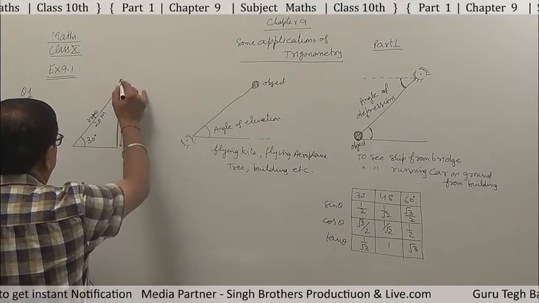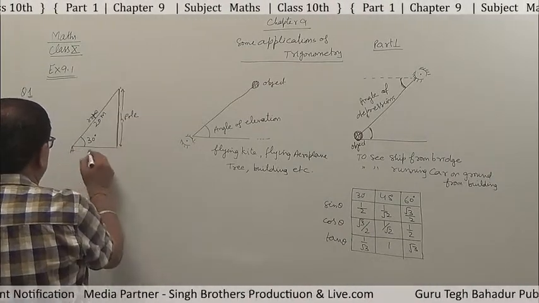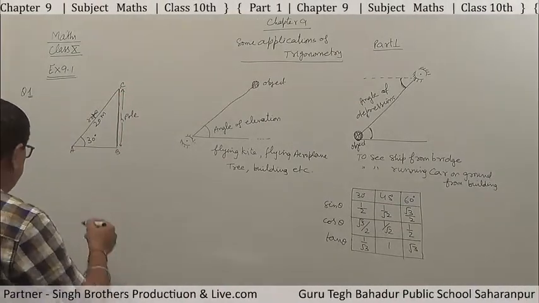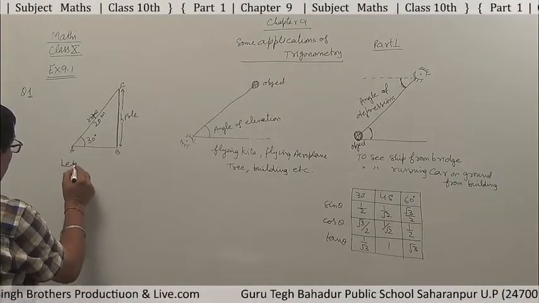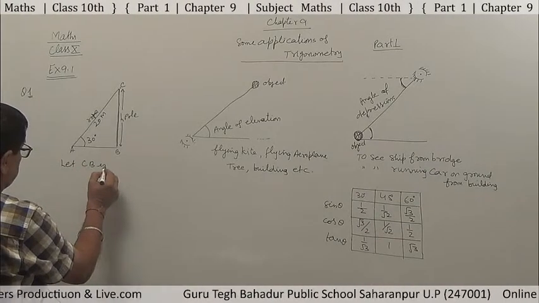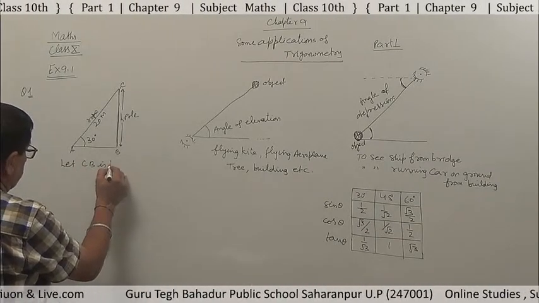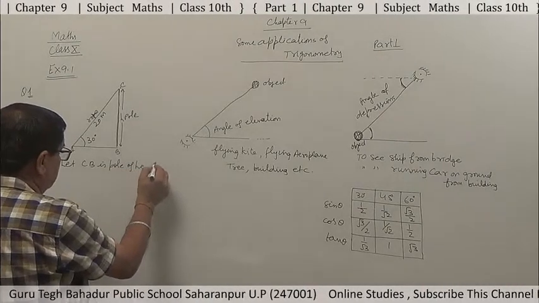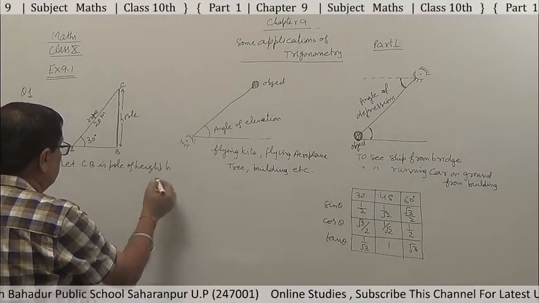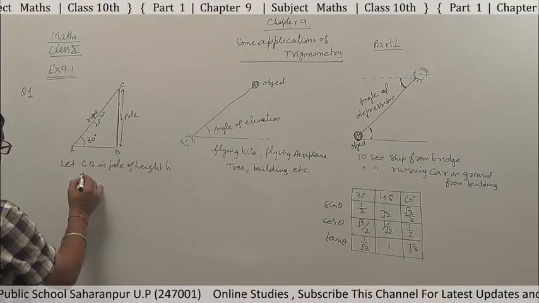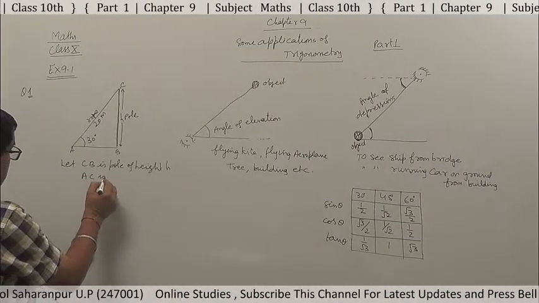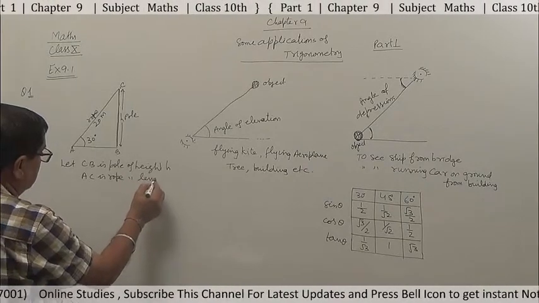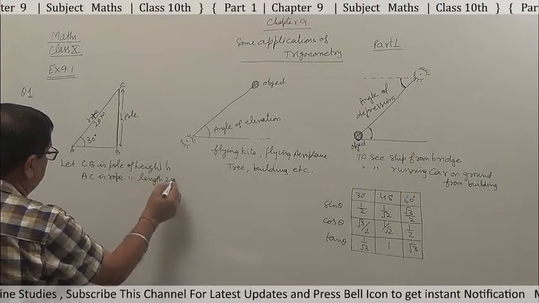So this is A, B and C. Let CB be the pole of height h, AC is the rope of length 20 meter.